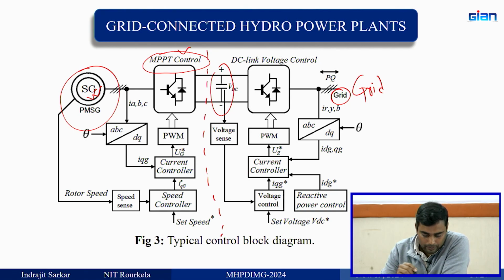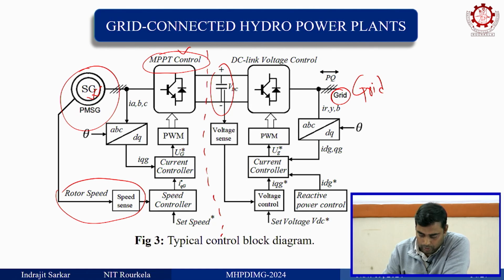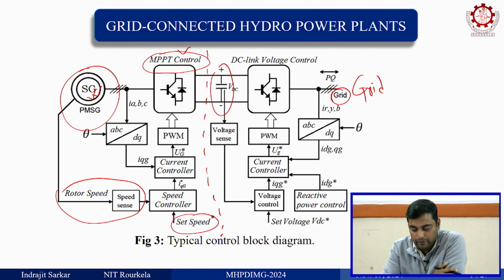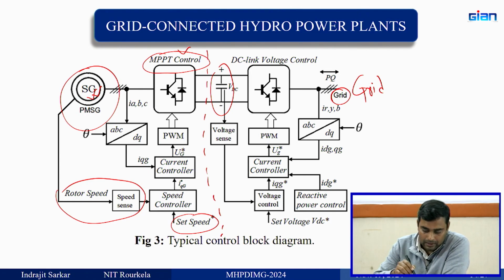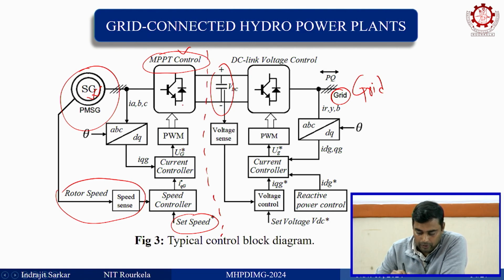It is doing speed control. You will have a set speed which will come from the MPP controller. The MPP that you are going to implement will give the reference speed it should be at for this condition, and the role of this converter will be to attain this set speed.